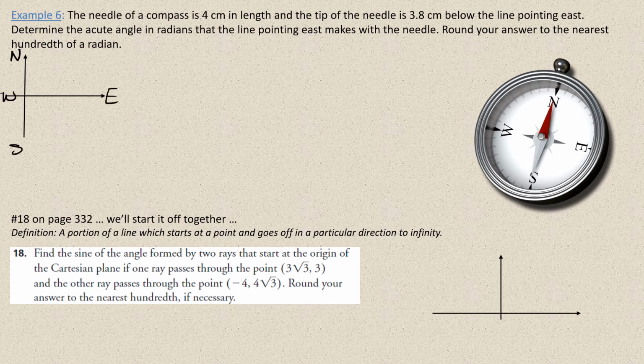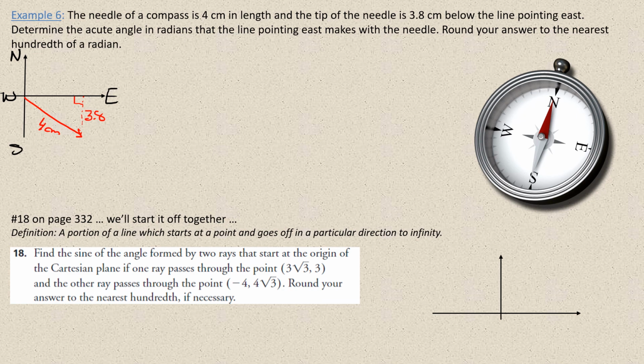I've got a needle of a compass below the line pointing east, so I'm going to draw a line like that. There's my needle of the compass, and it's 4 centimeters long, and it's 3.8 centimeters below that line pointing east.